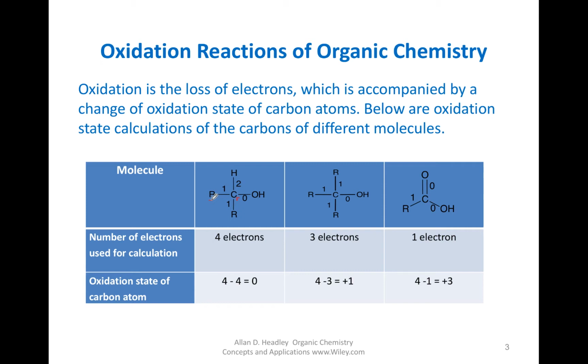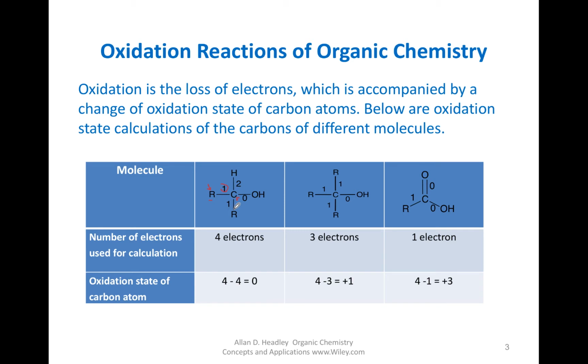So what we try to do here is to assign electrons to this carbon based on the bonding. So if there are 2 electrons in the covalent bond to another carbon, since they are of equal electronegativities, we assign 1 electron to this carbon or this alkyl group and 1 electron here to this carbon.